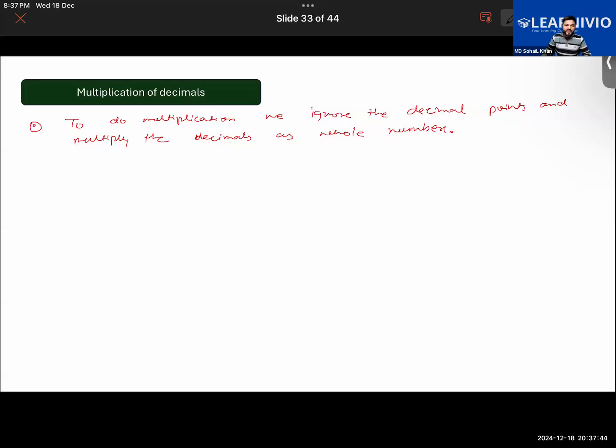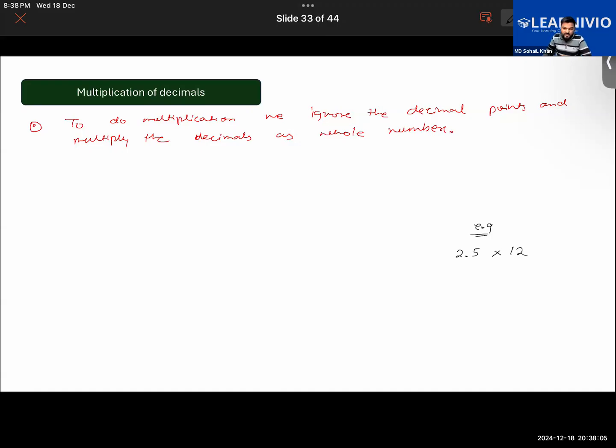Then we have to add the number of decimal places. Let us take one such example. Say we have a decimal number like 2.5, and we are going to multiply it by 12.